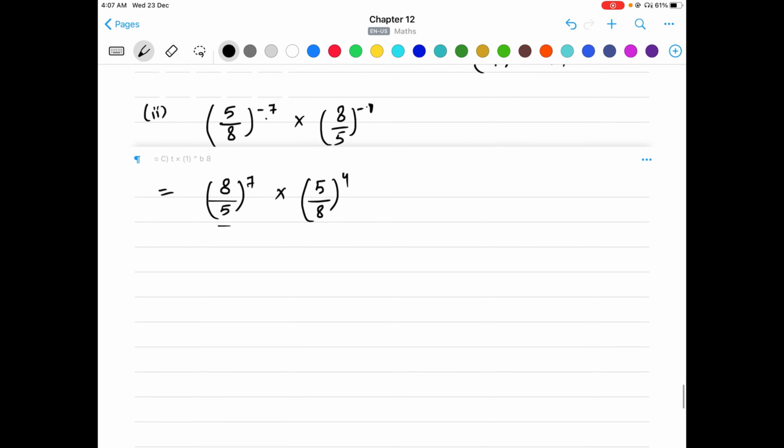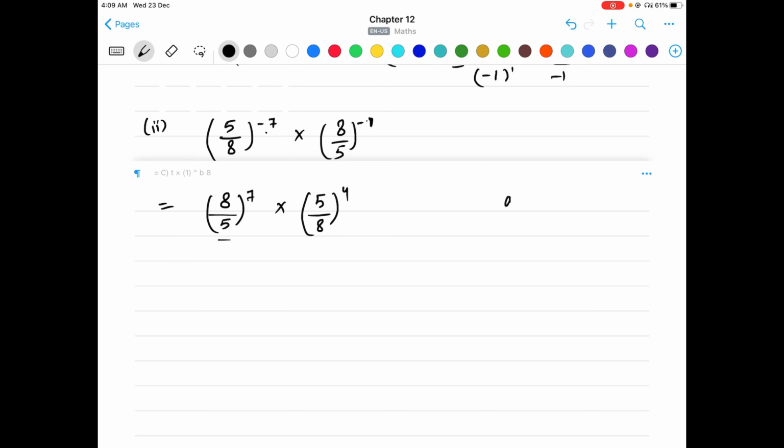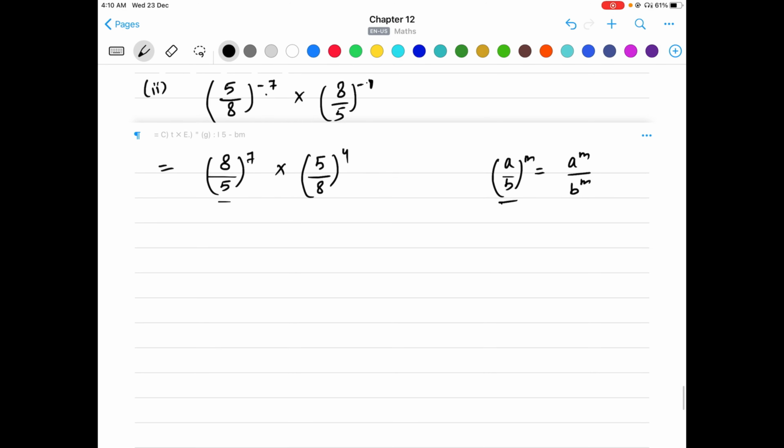Now we can solve this using one law of exponent, which is, if we have a by b whole power m, this can be written as a power m divided by b power m. If the base numbers are different having the same power, we can write the common power on both a and b, or we can reverse it as a power m divided by b power m.